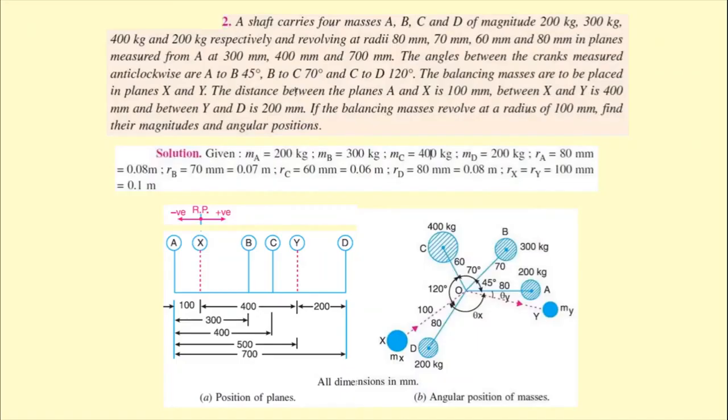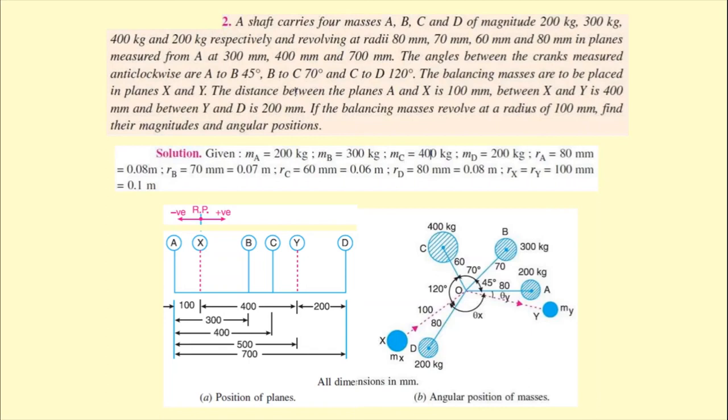A sample numerical problem is given over here: a shaft carries 4 masses A, B, C, D, and the values are given as 200 kg, 300 kg, 400 kg, and again 200 kg, etc., with a radius of rotation 80 mm or 0.08 meter, 70 mm, 60 mm and 80 mm respectively.